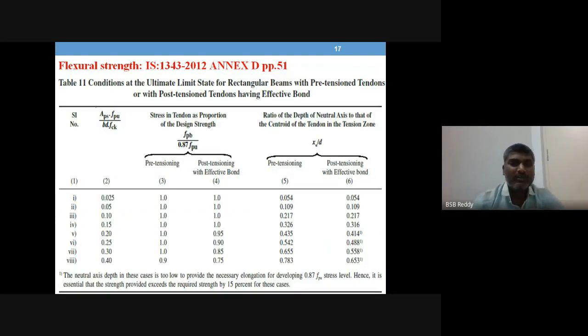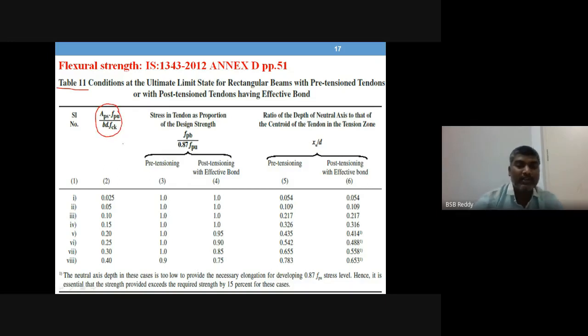So now this is what I was talking about, Table 11, to use in that equation. How do you read or get the FPB value and the XU value? For that, what you need is this value.